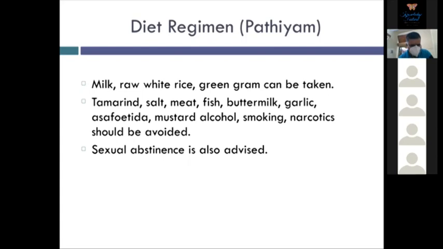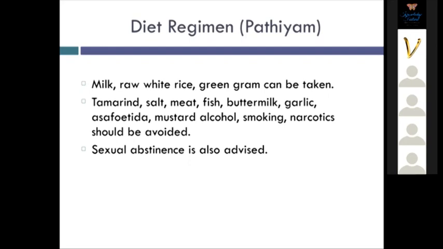Here we see that milk, raw white rice, and green grams can be taken. These three food items especially can be taken to increase the efficacy of the drugs. And the next point: tamarind, salt, meat, fish, etc. can be avoided or reduced, which can help to increase the efficacy of the drug, so that the medicine can have a faster cure in the body.